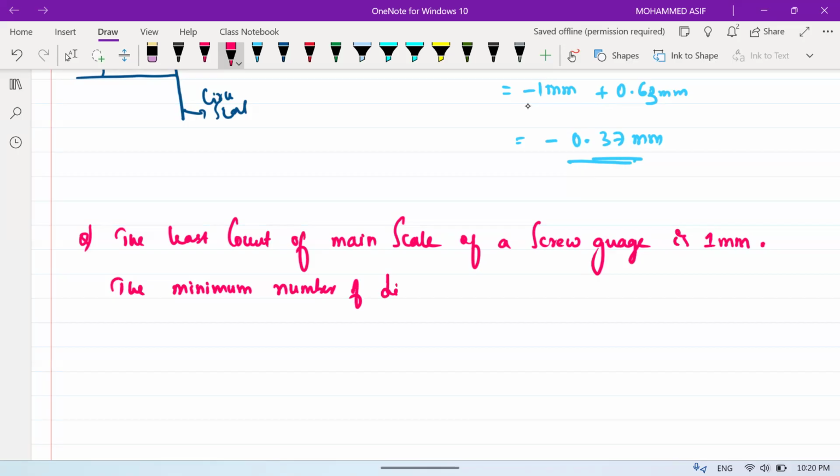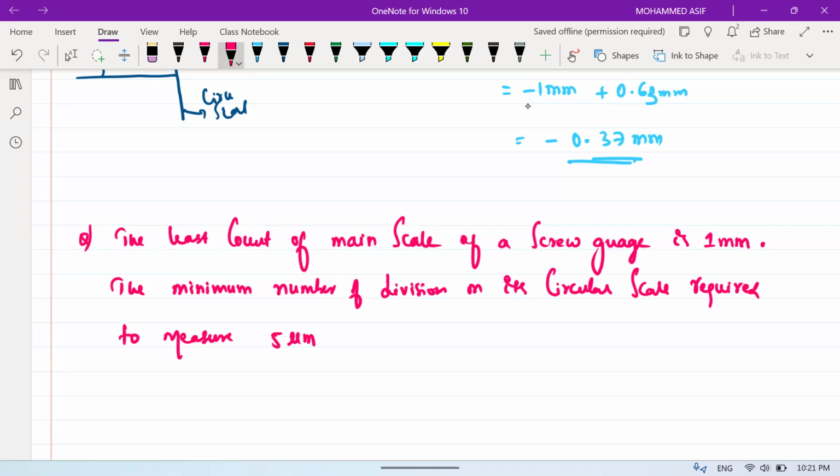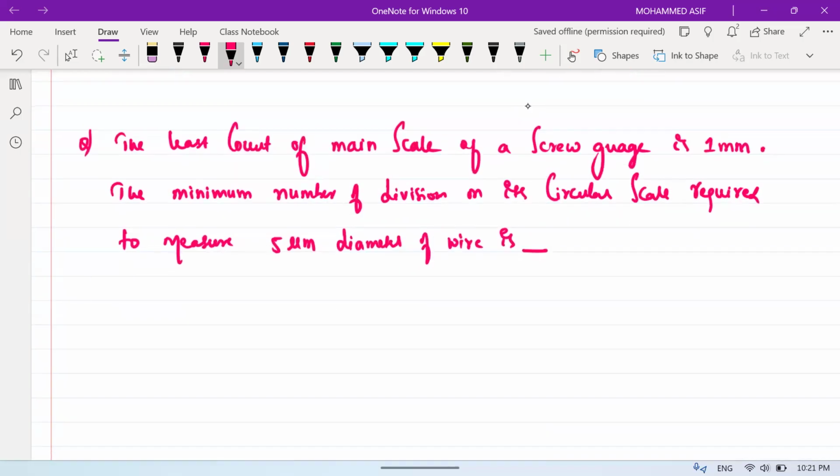The minimum number of divisions on its circular scale required to measure 5 micrometer diameter of wire is? That is the question. Anyone?